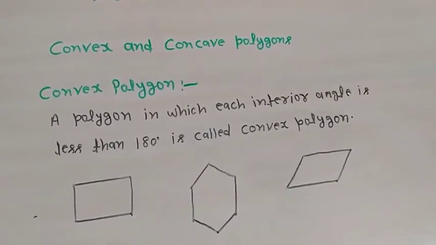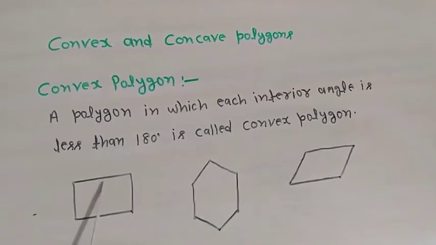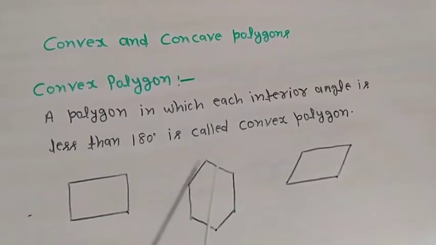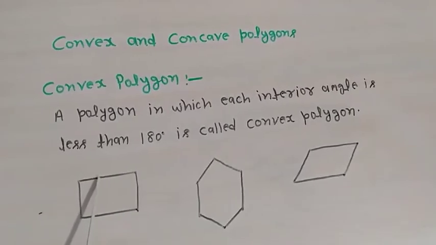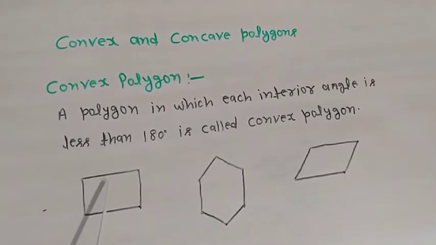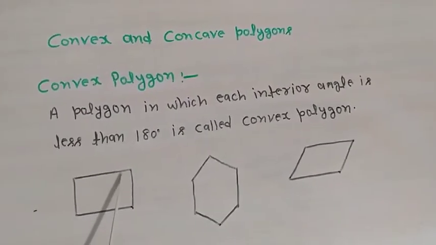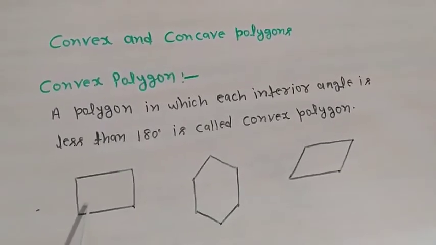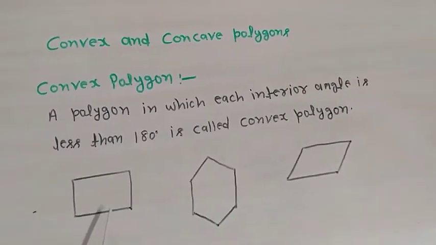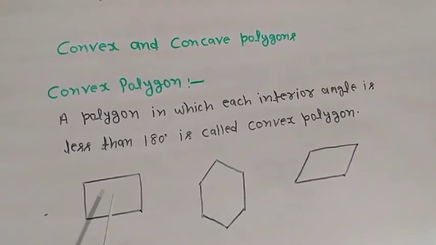So you can see this is a polygon, and each angle is less than 180 degrees. I hope all of you know angles. This angle, this angle, this angle, this angle, each is less than 180 degrees. So this is a convex polygon.